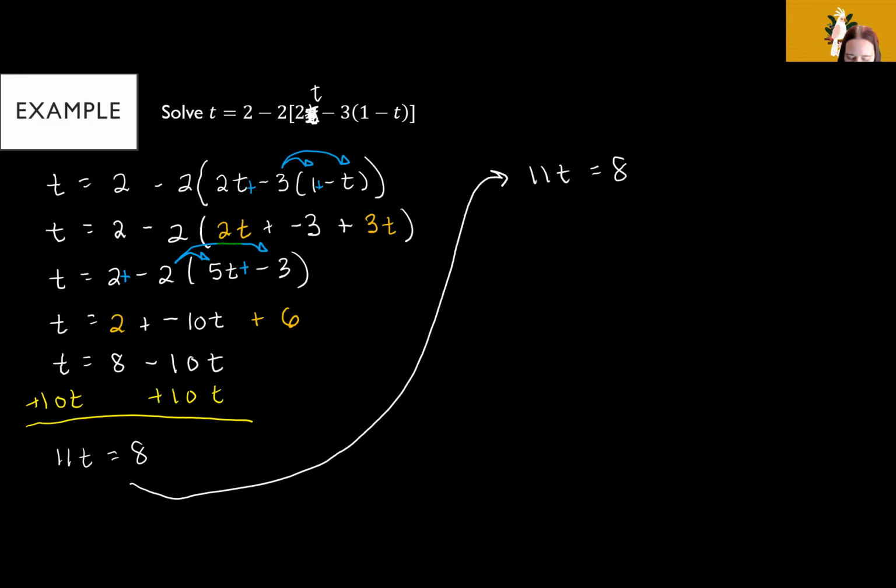And so our last step is to divide both sides by 11. So that gives me a final answer of t equals 8 over 11, because we don't want to give it as a decimal, and 8 over 11 does not reduce. So that's your final answer.